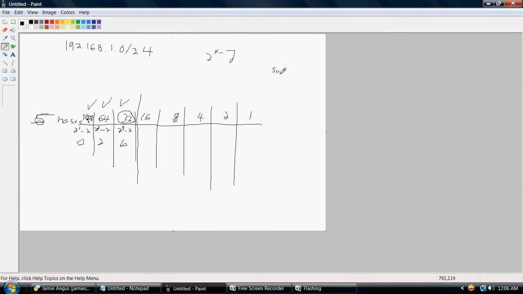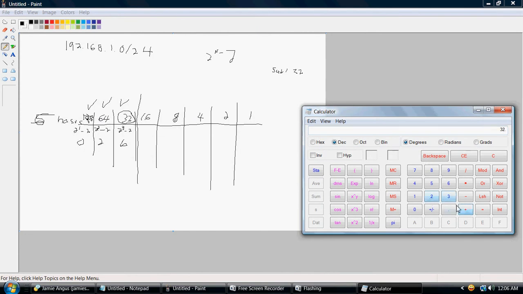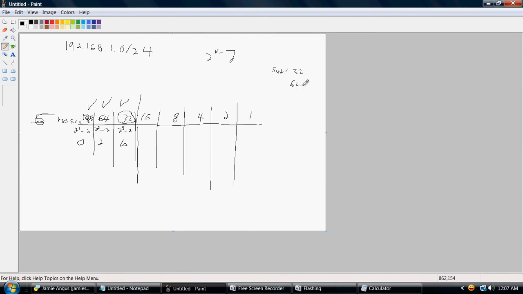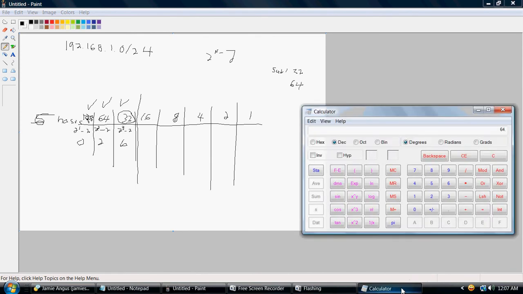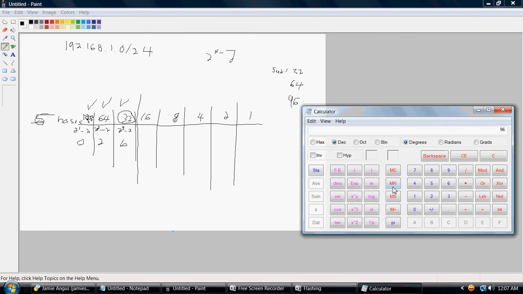The second one would be 32, and 32 is, where's my calculator? I'm horrible with numbers. 32 plus 32 would be 64. Again, this video is not as in-depth as my last one, so it's a bit easier. 64 plus 32 equals 96. 96 and 32 is 128.